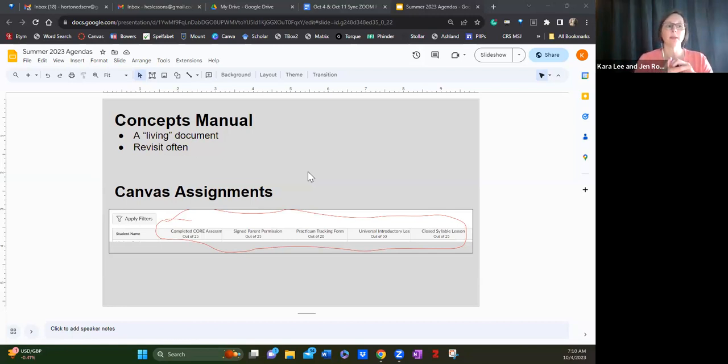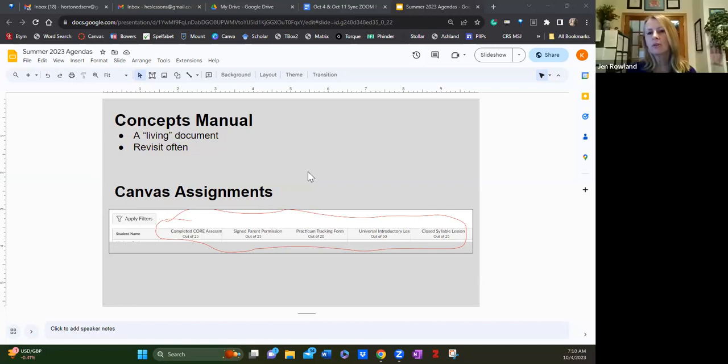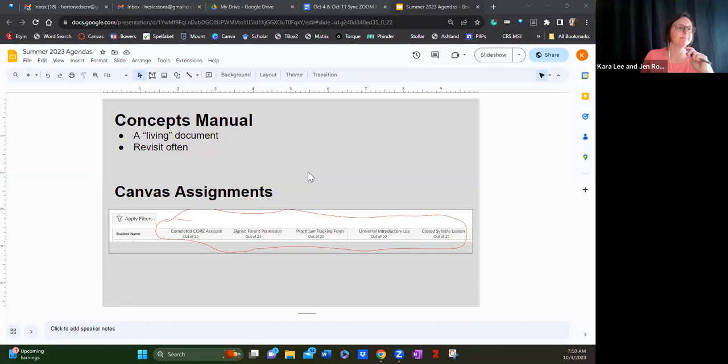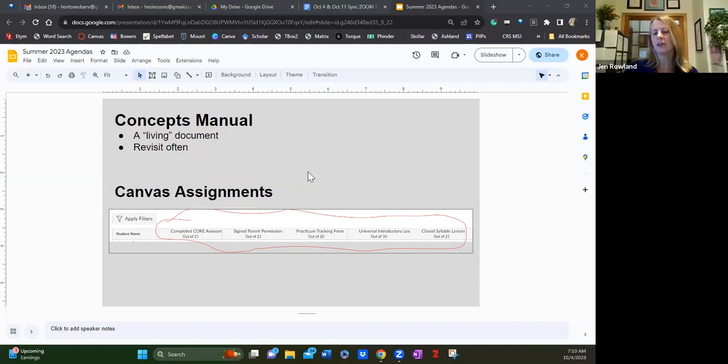We don't want them ahead of time, we want them when they're done. It helps us keep track of who is where, and we want to look those over. Also, you should have notes on the universal lessons and the closed syllable lesson too. We want to see how your kiddo did and make sure you've hit every target.